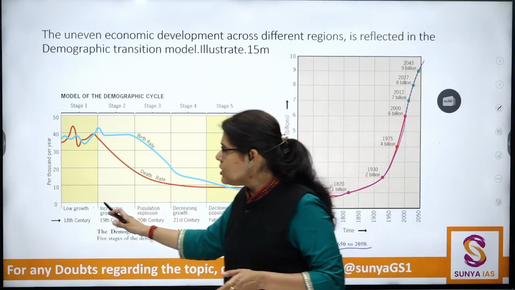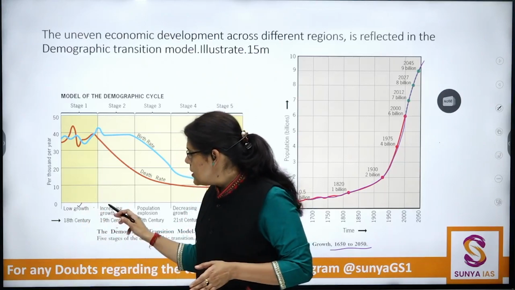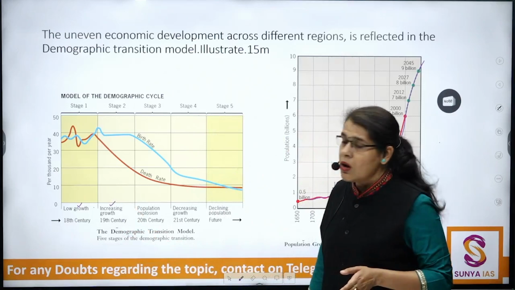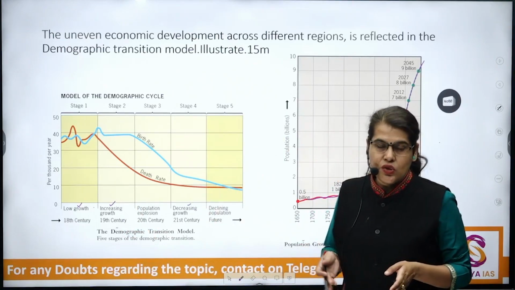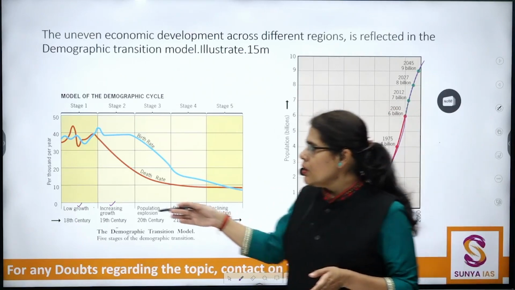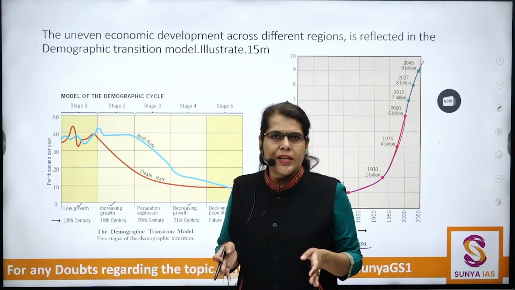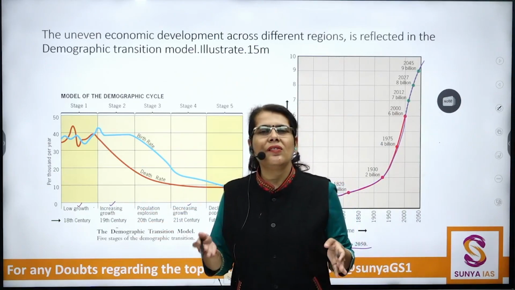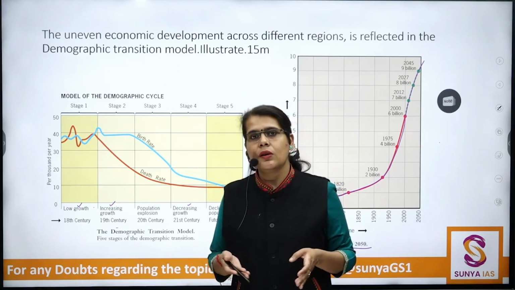So my suggestion is, take the first stage as a separate stage, the second as a separate stage, or club the second and third stage, and then the fourth and fifth stage. So you can divide your answer into 3 sections here. The first stage can be equated with some of the very primitive societies where economic development has not taken place. Some of the tribal regions, some parts of Africa.